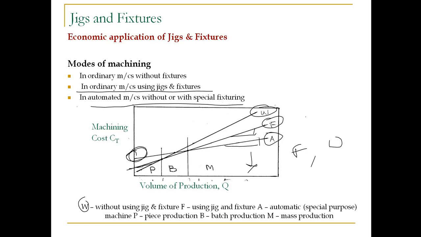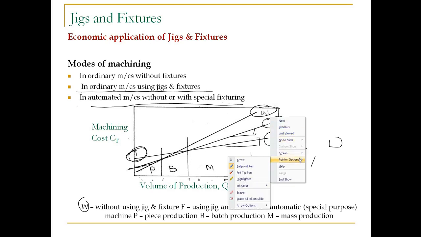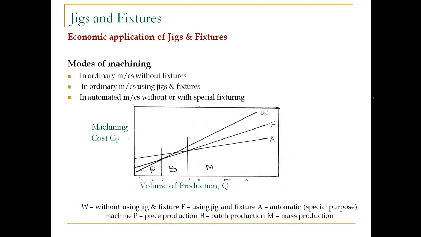From this plot or graphical representation of economical analysis, what you can derive is, if the volume of production, the number of products to be produced, falls below this particular line, or if it is piece production, then you can go for W without using jigs and fixtures, because that is viable.